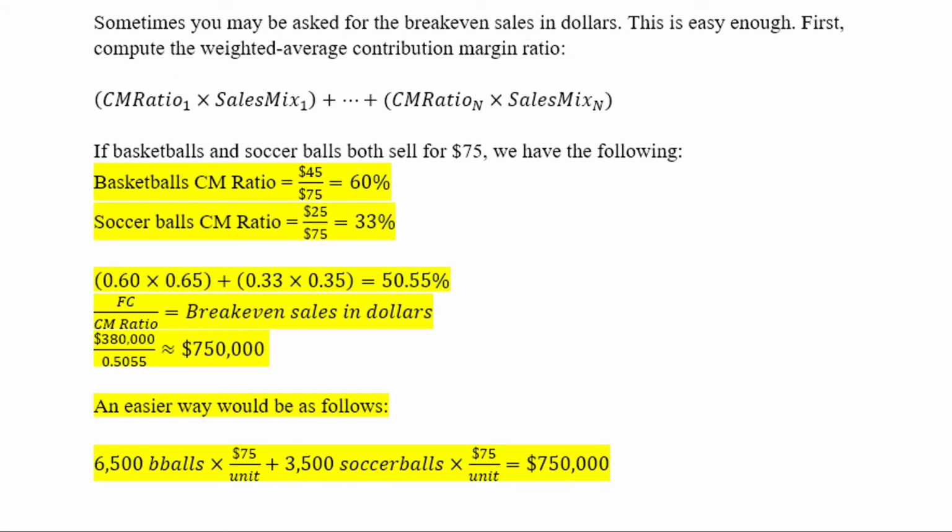Alright guys, if you want to know break-even sales in dollars and not units, here's what you're going to do. You know how we made weighted average contribution margin? Well, now we have to make weighted average contribution margin ratio.